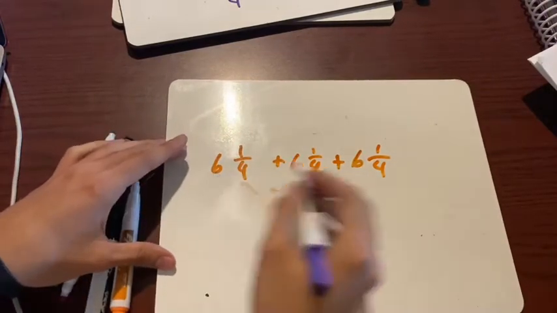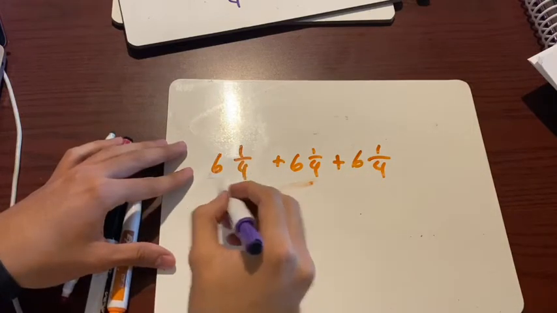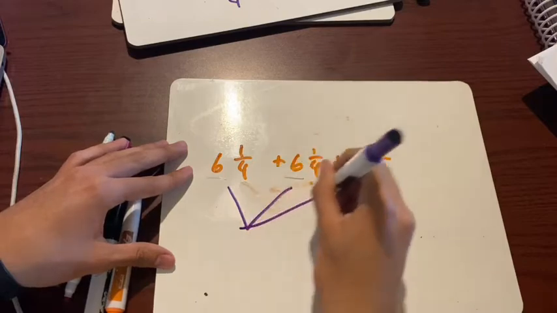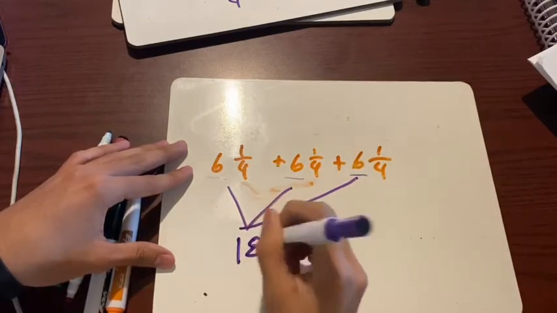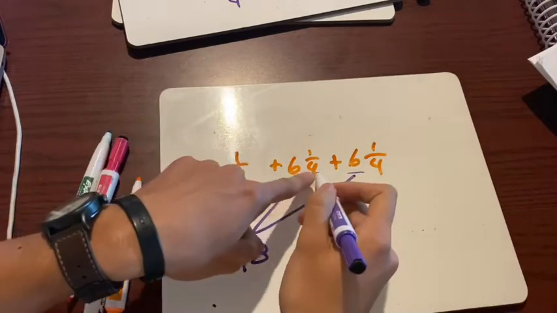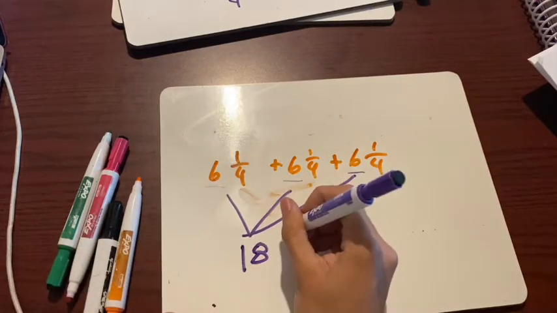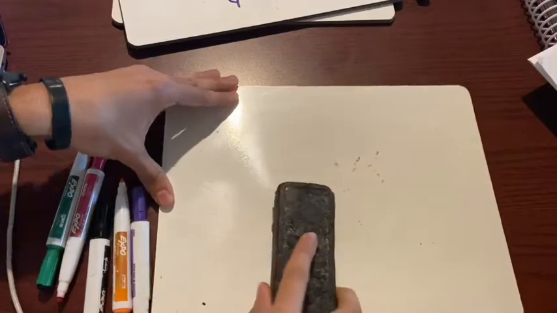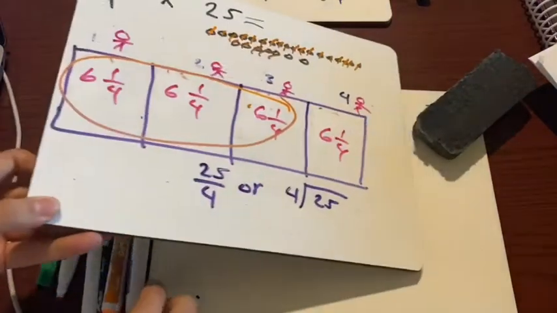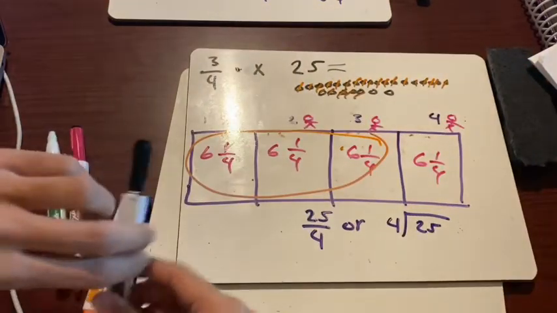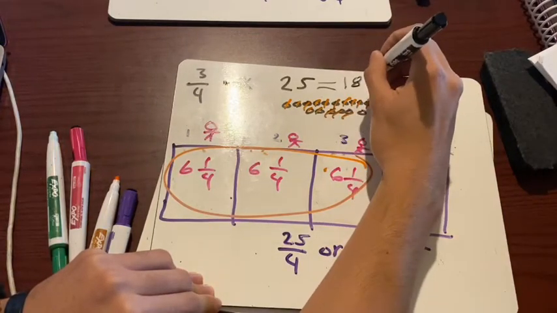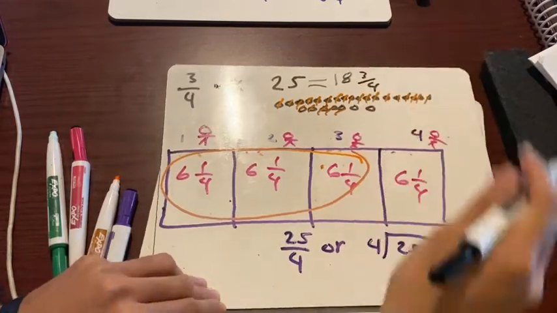But I like to add up my whole numbers first. That plus that plus that is 18. And then 1/4 plus 1/4 plus 1/4, 3/4. So everybody, this is my answer. 18 wholes and 3/4.